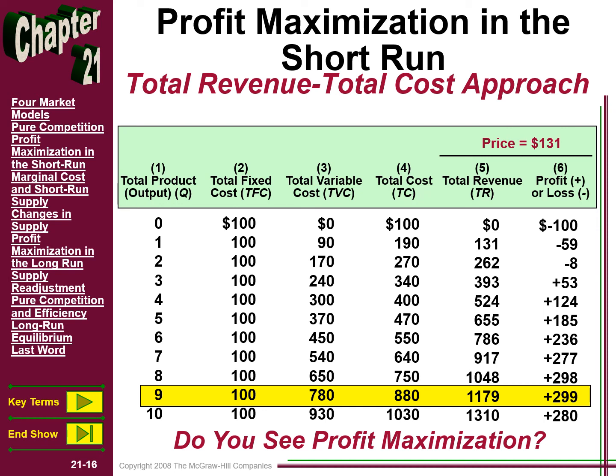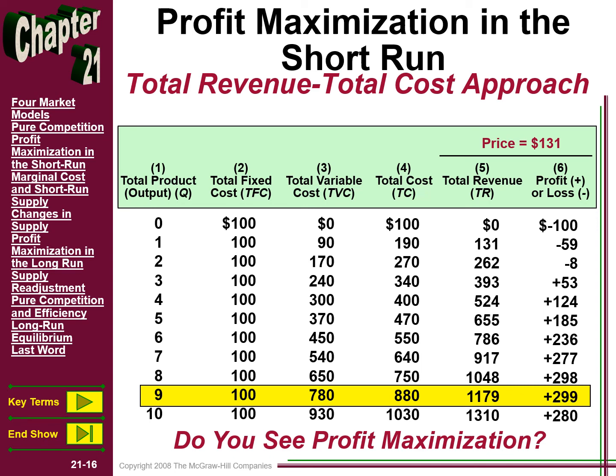To save a bit of time, we've highlighted this level of output for this firm competing in a purely competitive market. If this firm produces 9 units of output, it will have a total revenue of 9 quantity times price, 131. Remember, this firm is a price taker in a purely competitive market. Demand is perfectly elastic at the market price. It tells you up top that the price is $131.